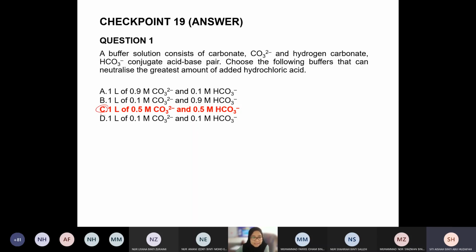Maybe C and D. We choose C because the capacity is larger compared to D. The capacity for D is only 0.1, meaning it can only counter 0.1 molar of incoming acid. If exceeding this 0.1, the pH will definitely decrease drastically, because HCl is an acid. So that's why the answer is C.